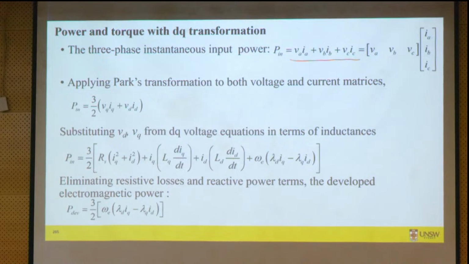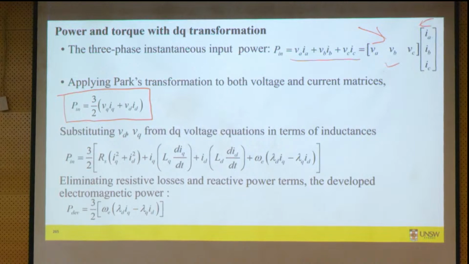This power equation we can also write in matrix form. Then if we apply the dq transformation, synchronous reference frame, to the voltage as well as to the current, we will get the total power to the machine in terms of VD and VQ voltage, okay?